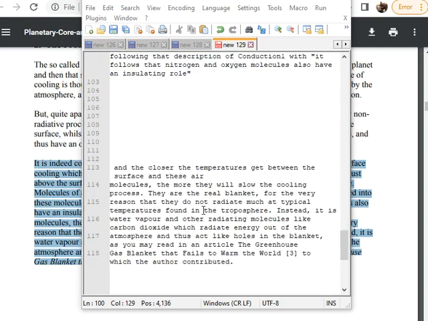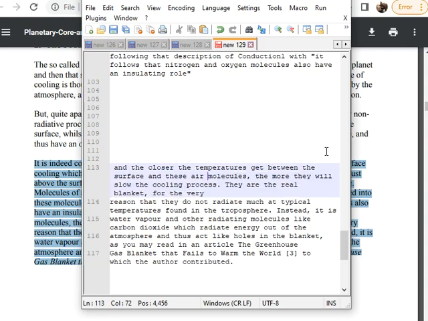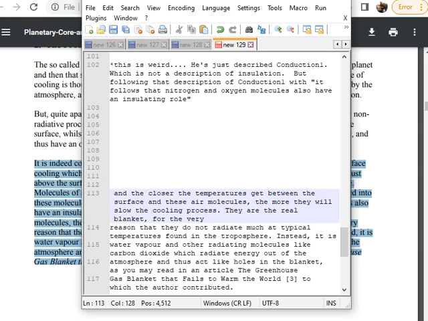Okay, so he continues, and the closer the temperatures get between the surface and these air molecules, the more they will slow the cooling process. Wait a second. Does that make any sense?